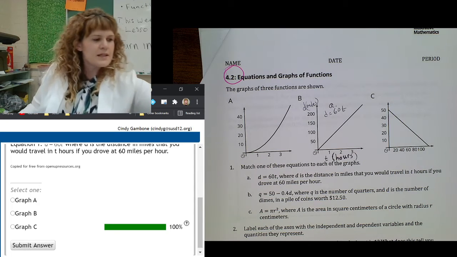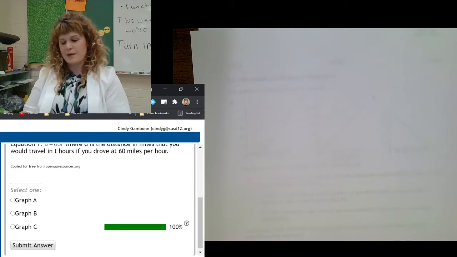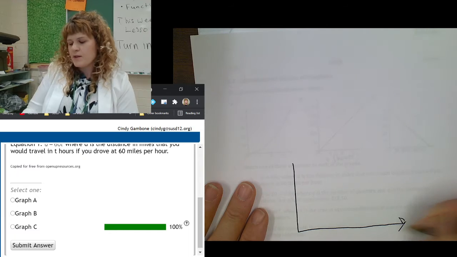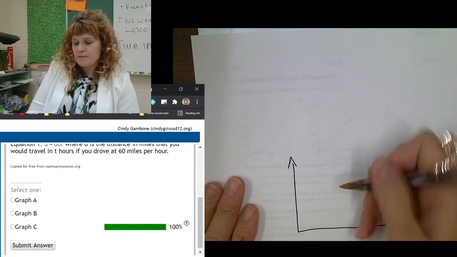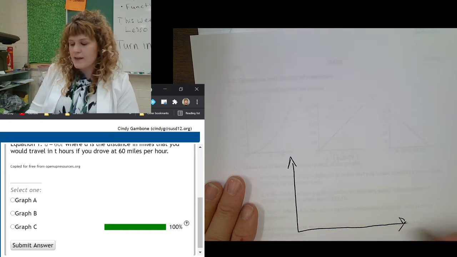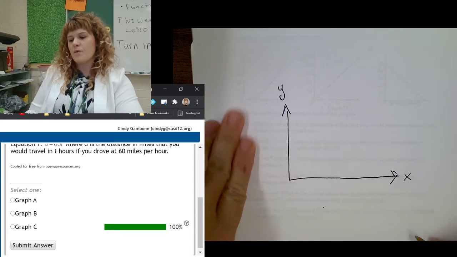Before I even get into this, I'm just going to tell you what you need to learn from this lesson. You're going to learn that when you graph a function, you're going to put the independent variable on the x-axis and the dependent variable on the y-axis.